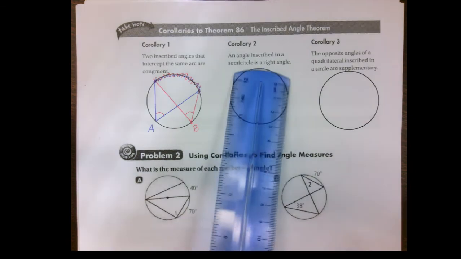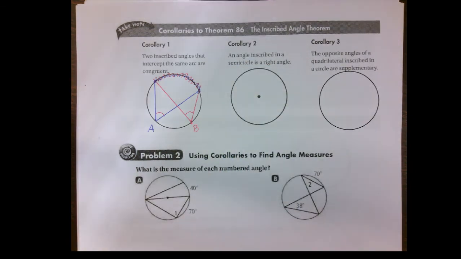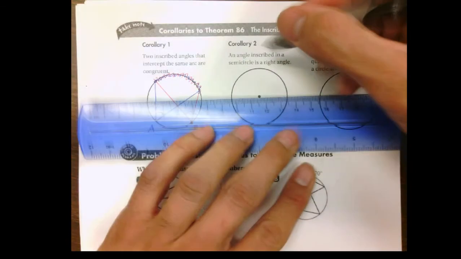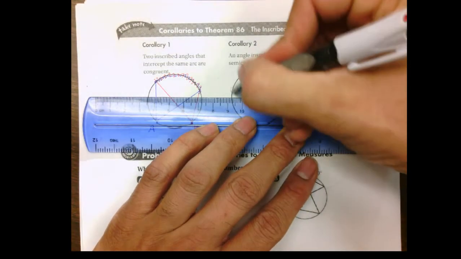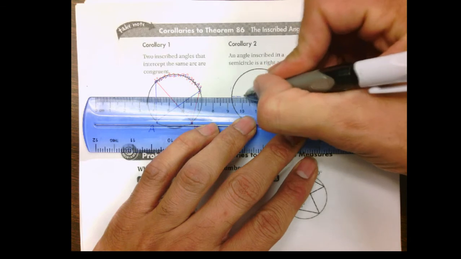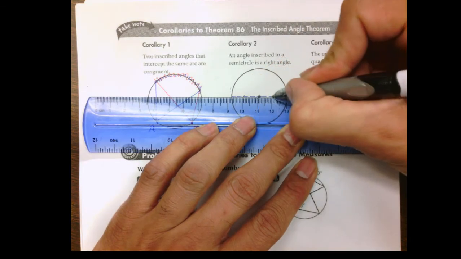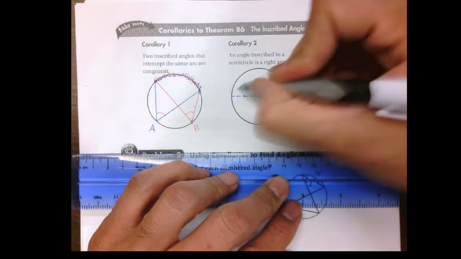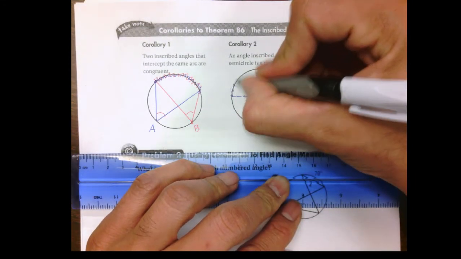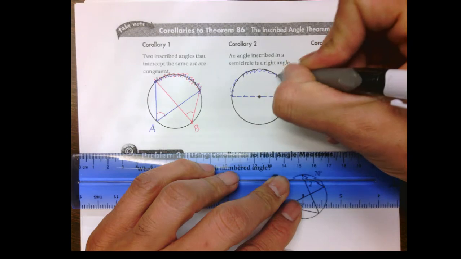Corollary 2: an angle inscribed in a semicircle is a right angle. So let's sketch a little diameter, and we've got a semicircle here, right? Just by drawing a diameter, this is the semicircle.